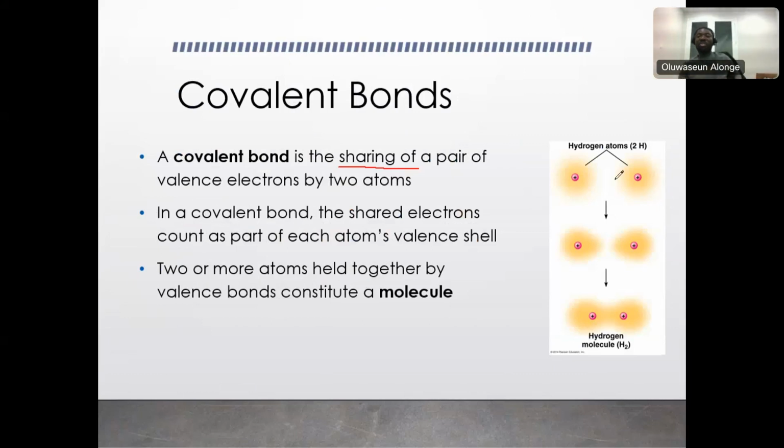Now, looking at this, you have a hydrogen atom and a hydrogen atom. By the time they come together, they're going to form a hydrogen molecule. This is sharing. Now, it's sharing because this one here was unstable, and this one here has now become stable.